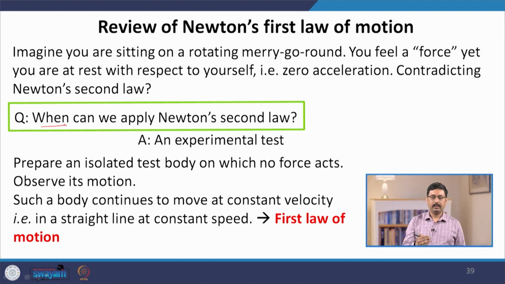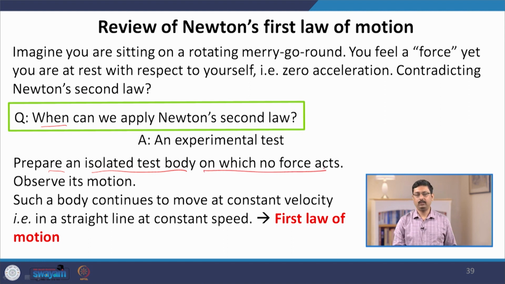Let me describe the test in steps. In step 1, you prepare an isolated test body on which no force acts. This is the special situation where no force is acting on an object in your system. The second part is to observe its motion.